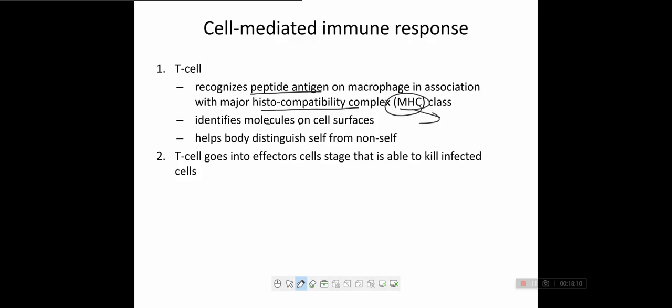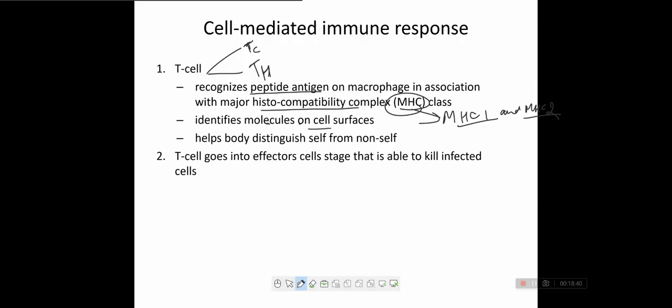MHC is of two types, MHC 1 and MHC 2. Actually T cells are of two types, TC cells and TH cells, right? TH is T helper cells. For these two types, MHC 1 and MHC 2 are present.